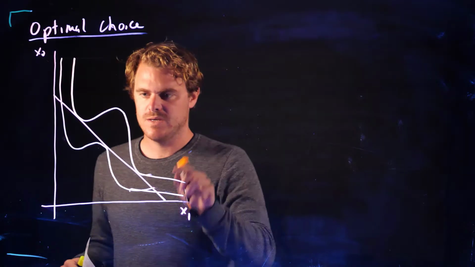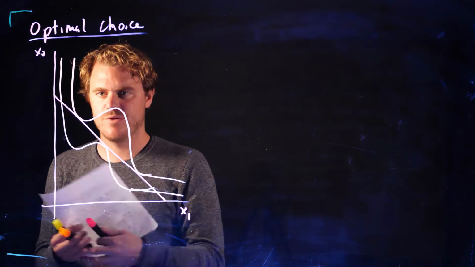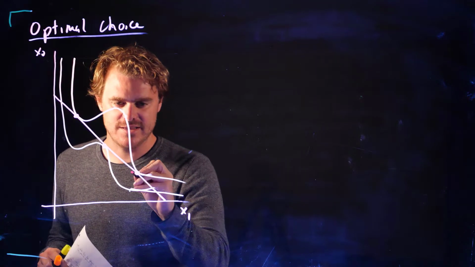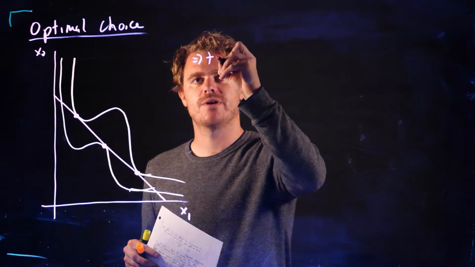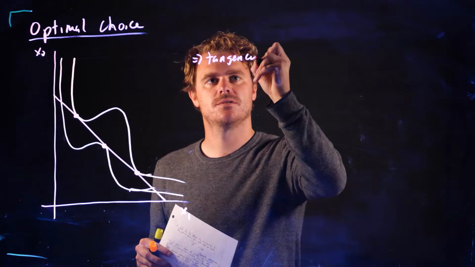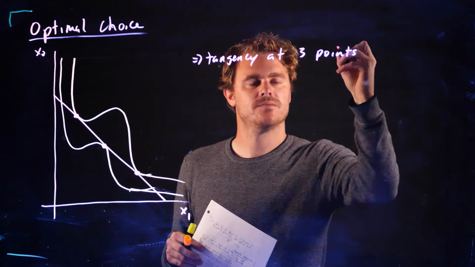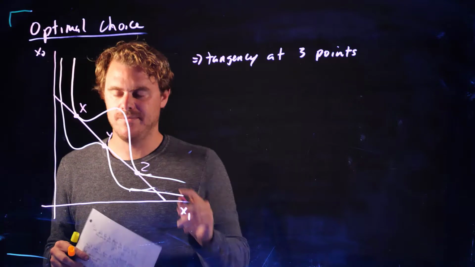Okay, so notice that, maybe it's not a perfect drawing, but we have 3 points here. Let's pretend that this point touches, and that point touches. Here we have tangency at all 3 points. Maybe we can call them x, y, and z.